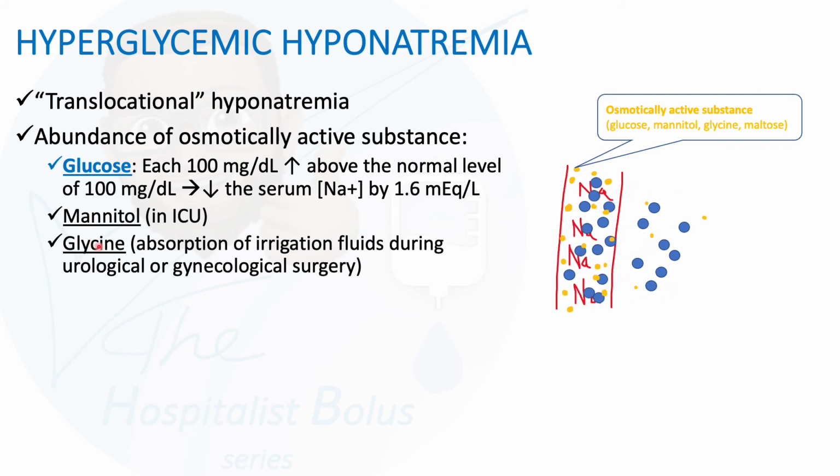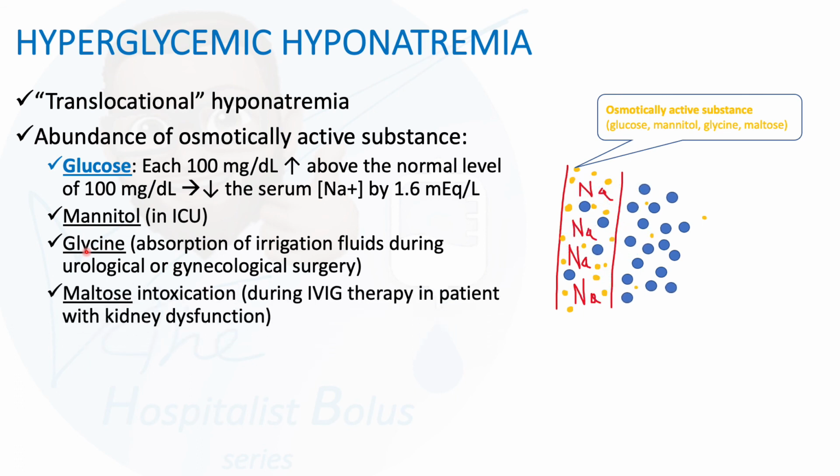Glycine, as we mentioned, can cause this because of increased absorption of irrigation fluids during urological or gynecological surgery. So if you have a patient with urological or gynecological surgery who has developed hyponatremia after surgery, think about glycine. I don't know how often they currently use irrigation fluid that contains glycine, but this is well known in the literature.